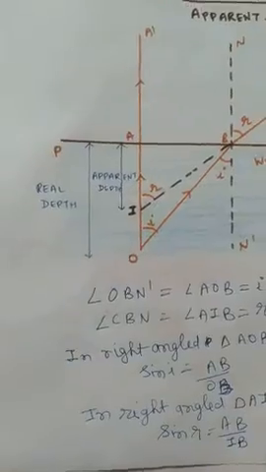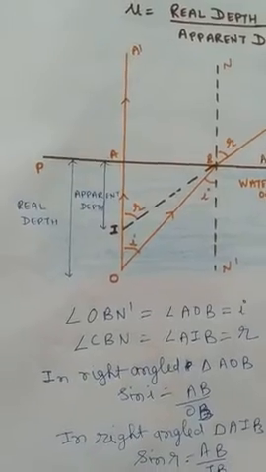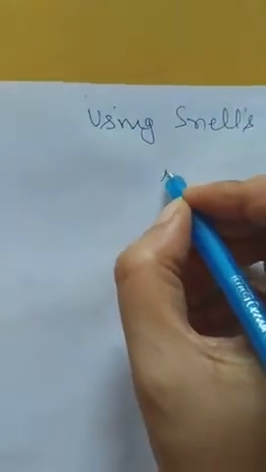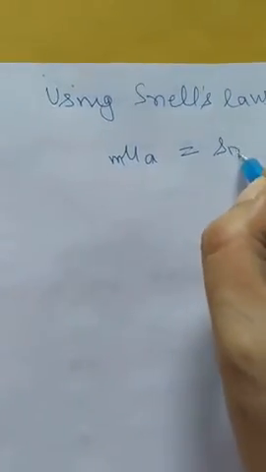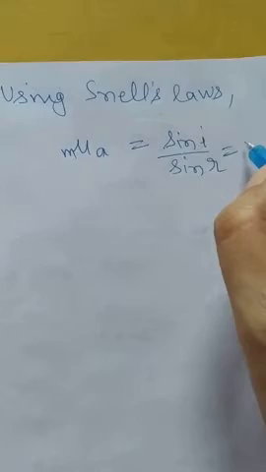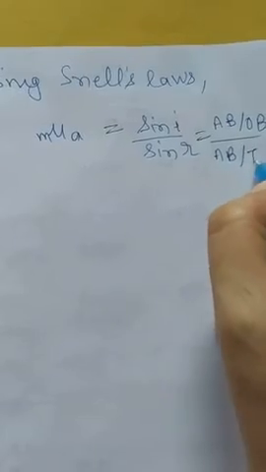Clear? Now using Snell's law, we know that the refractive index of air with respect to medium will be sin I by sin R. Sin I we got as AB upon OB, and sin R we got as AB upon IB.